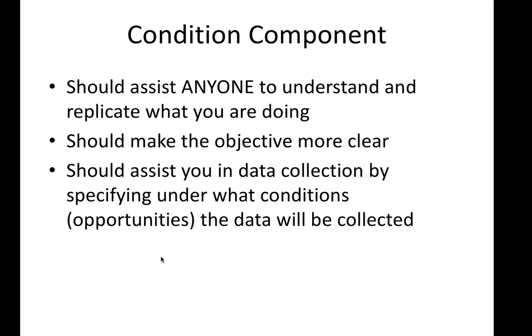So if you have a condition statement in there that says we'll point to pictures when available pictures communicate the appropriate response, now we've got it, right? Now we know when we're supposed to be doing it. And that example is probably a little bit AAC-ish, but certainly the condition statement should help you to make decisions about data collection.